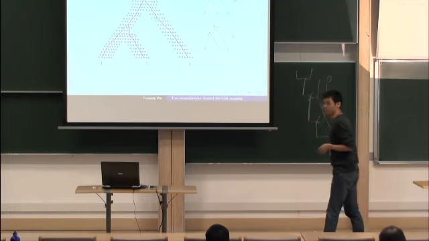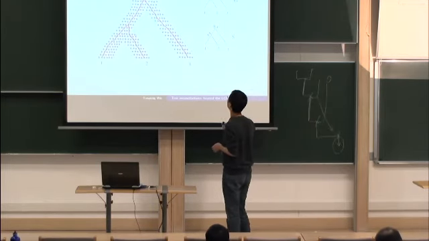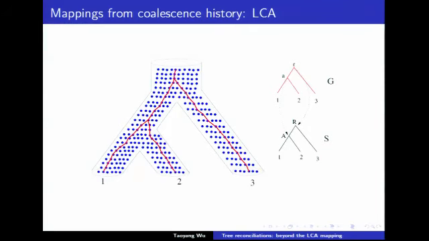So where do the mappings come from? For example, in here we have this coalescent history, and this is a tree of three populations. This is the species tree 1, 2, 3, and A is here. Now we take three individuals from each population.